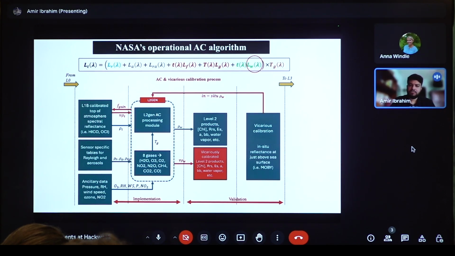The way we do the atmospheric correction is we use SeaDAS. SeaDAS is the software package, with a visualization tool behind it, that does the processing from level 0 products, raw counts measured by the sensor, all the way to level 3 and 4 products.